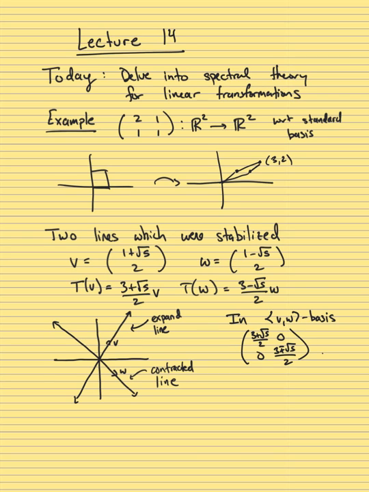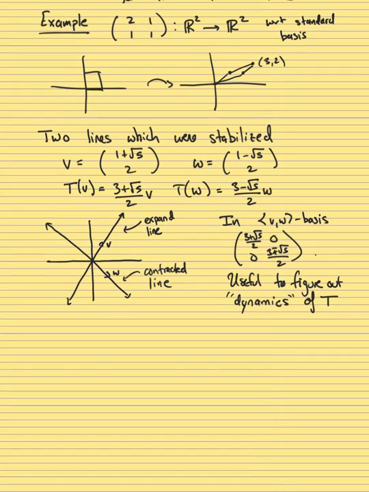Okay, and this was useful if we wanted to figure out the dynamics of the linear transformation. In other words, what I mean by that is we want to study T to the n for large n and quantify where all vectors are going.